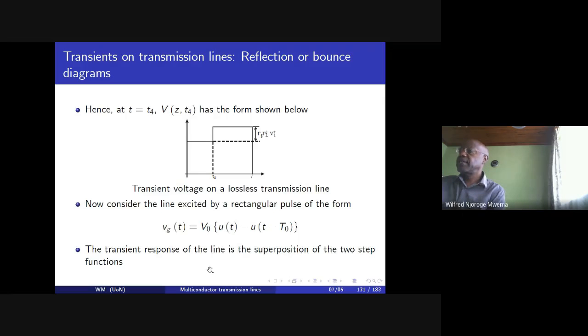The transient response of the line will then be just a superposition of two waves: a positive step function, and then a negative step function at a later time t naught from the first excitation.